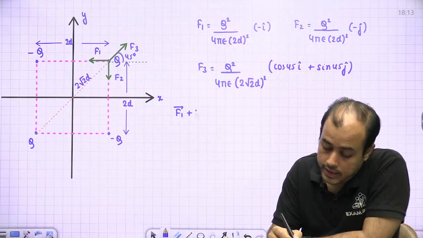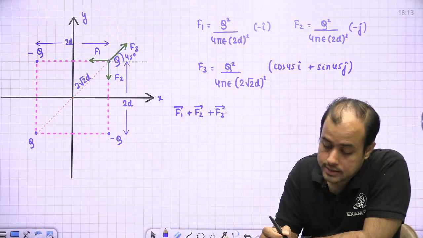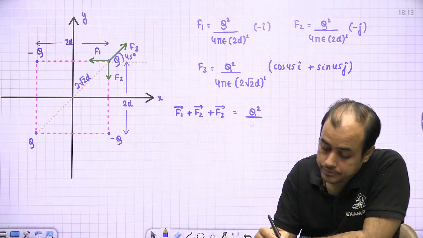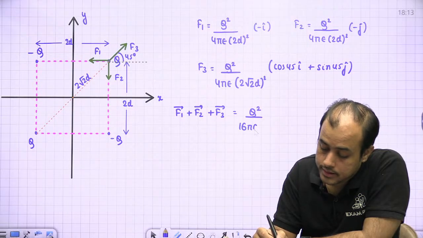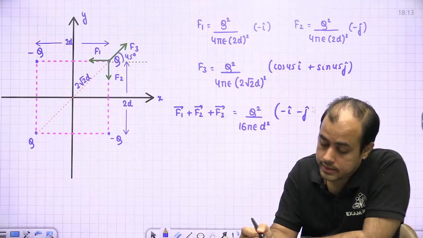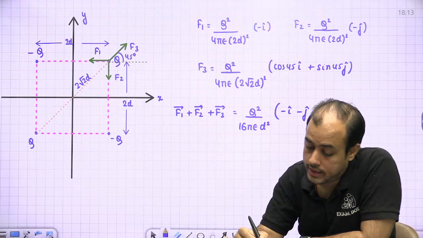Now, whenever we are adding the forces, we have to add them as vectors. So Q square by 16 pi epsilon D square, minus I minus J. This will make it 32. So 1 by 2 root 2 I. Why root 2?